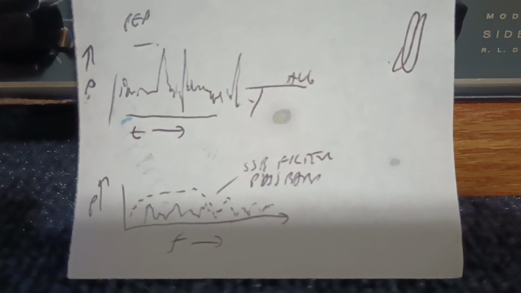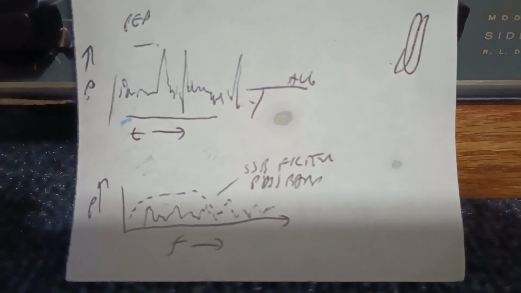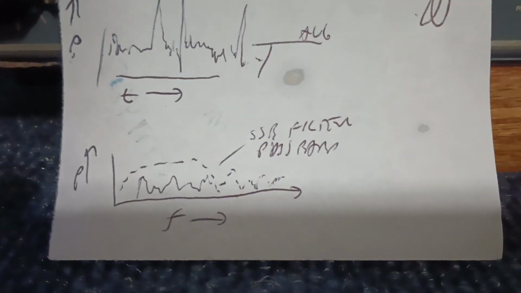Those peaks are generally at very low frequency. Very important. Down here is a graph of power vertically versus frequency horizontal. The dashed shape might be the shape of a sideband filter. In the TR3, when I swept the mic input up to 5 kilohertz, the passband of the filter was poor.